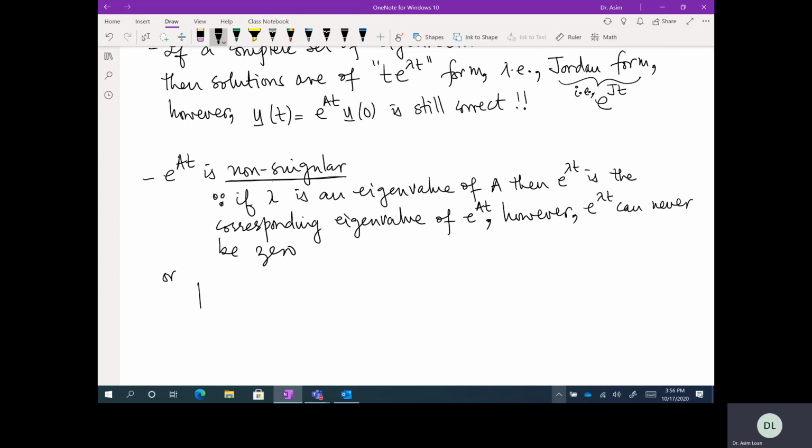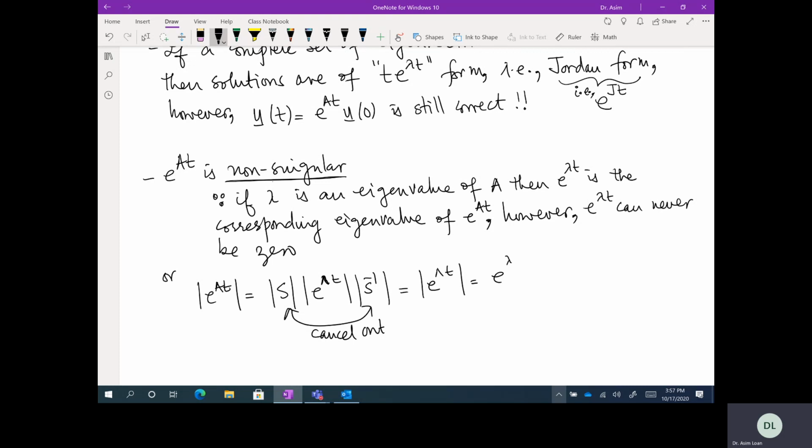Or if you want to find the determinant of e^(At), it is the determinant of S, the determinant of e^(Λt), and the determinant of S inverse. This one cancels out, and this is simply e^(λ1 t) times e^(λ2 t) times e^(λn t), which is equal to e^((λ1 + λ2 + ... + λn)t), which is equal to e^(trace(A) t), right?